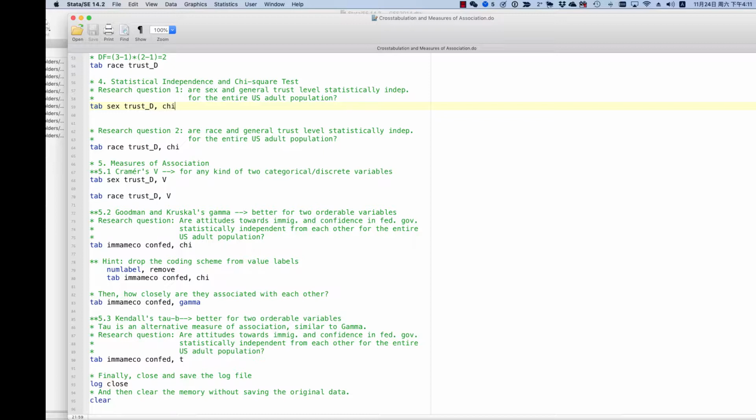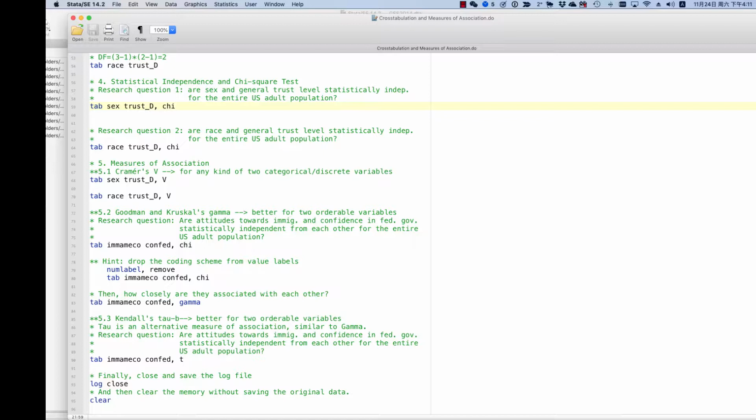We also talked about three definitions of percentages: row percentage, column percentage, and cell, or say overall, percent. By the end of the previous video, we talked about the concept of degrees of freedom, which can be calculated by the total number of rows minus 1 times the total number of columns minus 1.